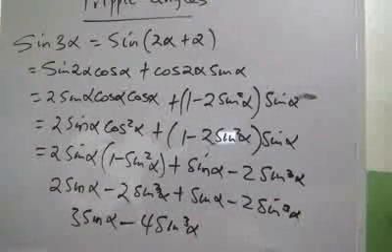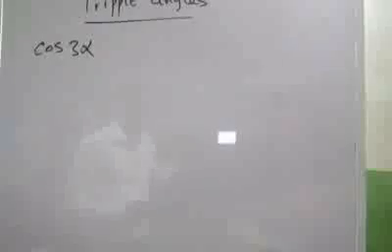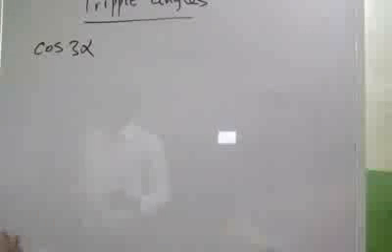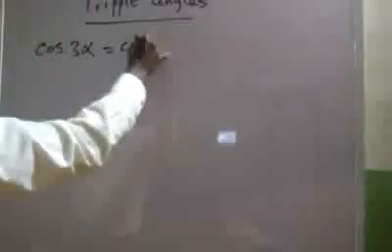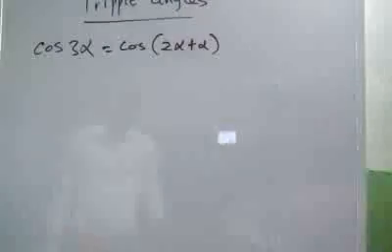So we are going to be looking at the cosine. Now cos 3 alpha is the same thing as cos of 2 alpha plus alpha.